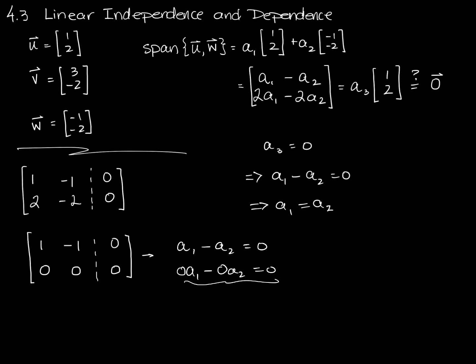Well, this last line here just says 0 equals 0. That's what this 0 row in a matrix tells you, 0 equals 0. And that's always true. That's true for any A1 and A2 value, right? It doesn't matter what A1 and A2 are.